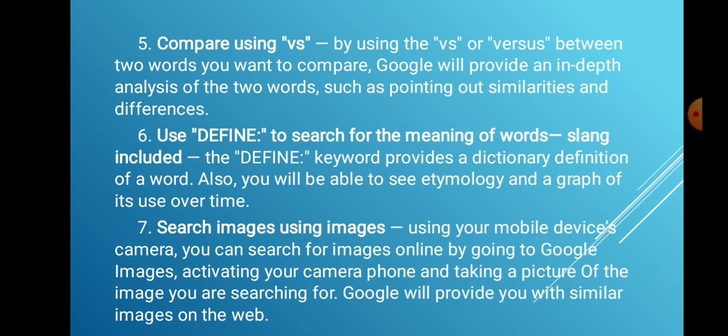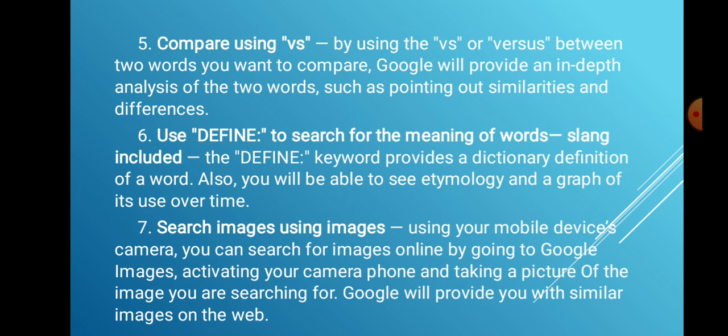Compare using VS. By using the VS or versus between two words you want to compare, Google will provide an in-depth analysis of the two words, such as pointing out similarities and differences.